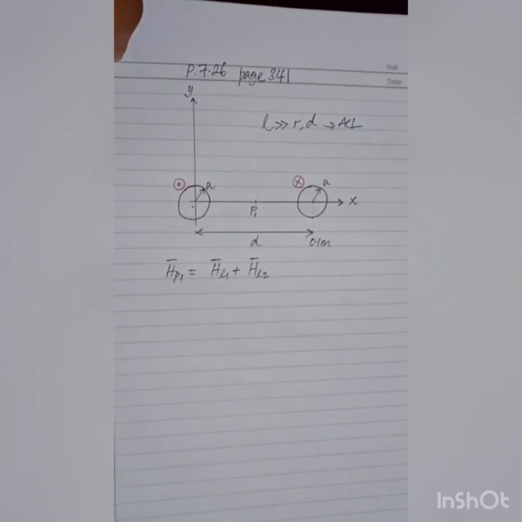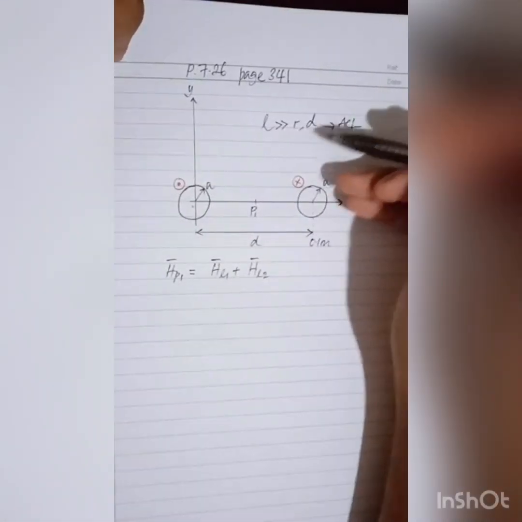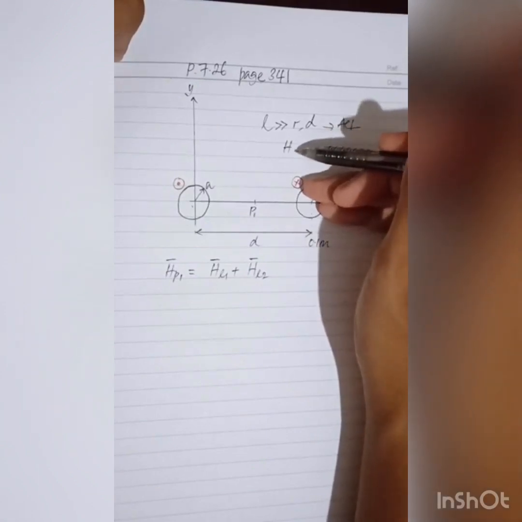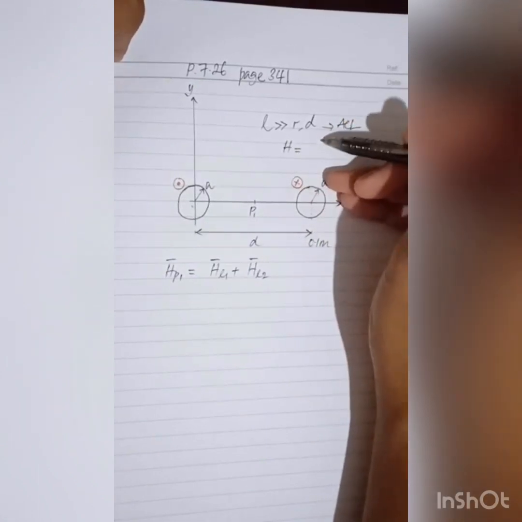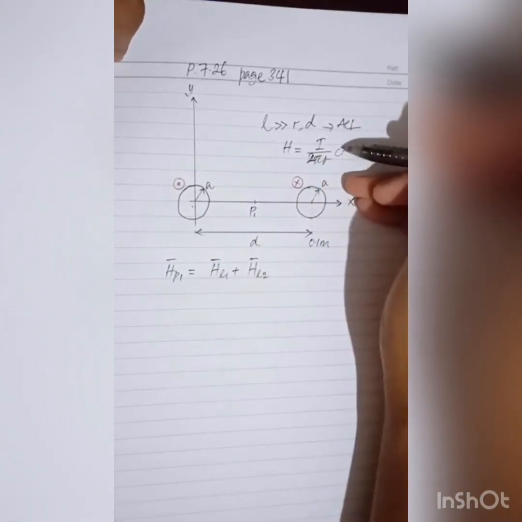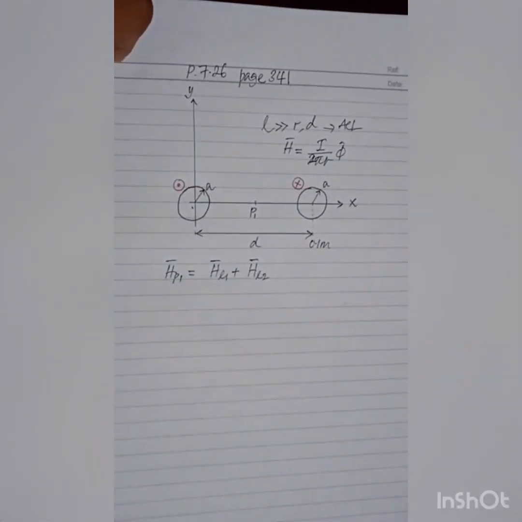Since we have assumed very long infinite line currents, we can use the equation for the H field due to a line current, I over 2 pi r phi. That is the general equation for finding the H field due to any very long line current.